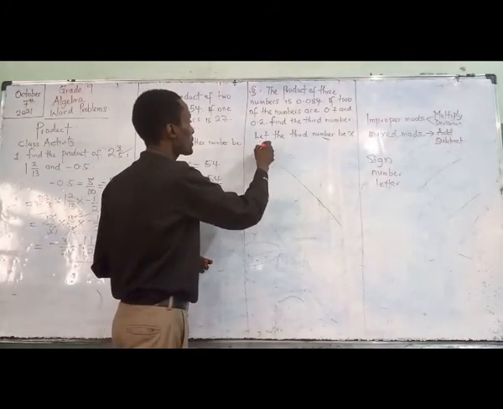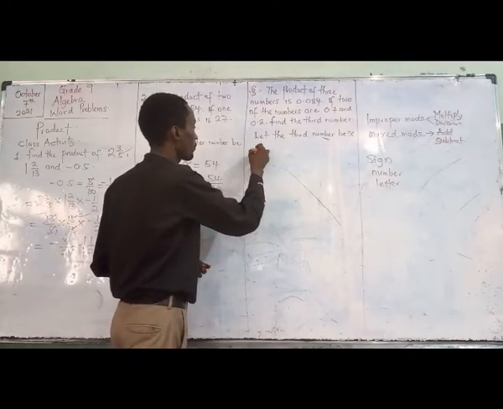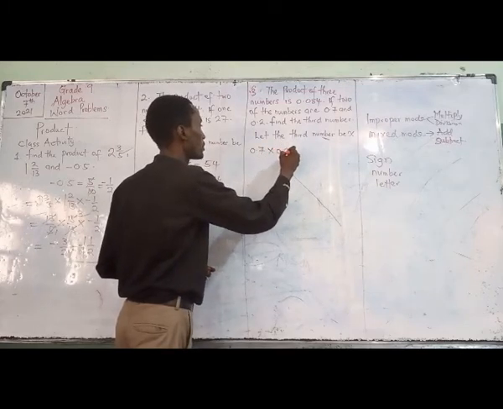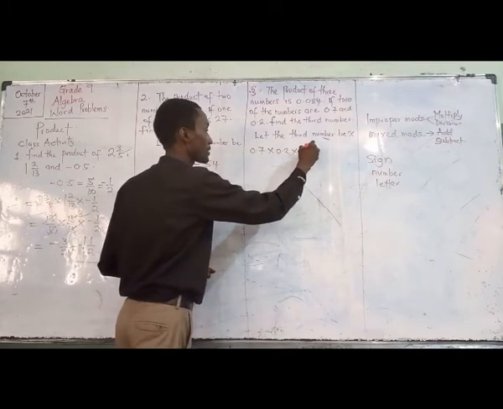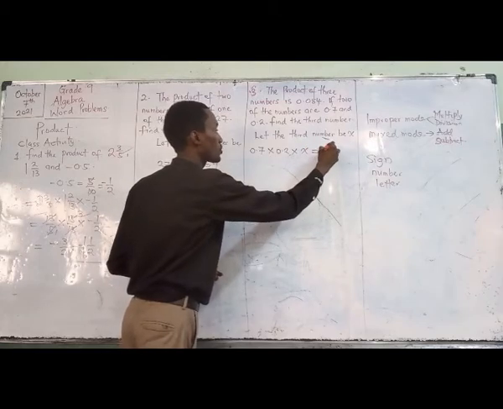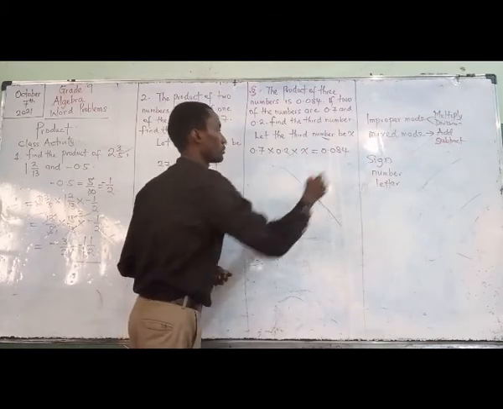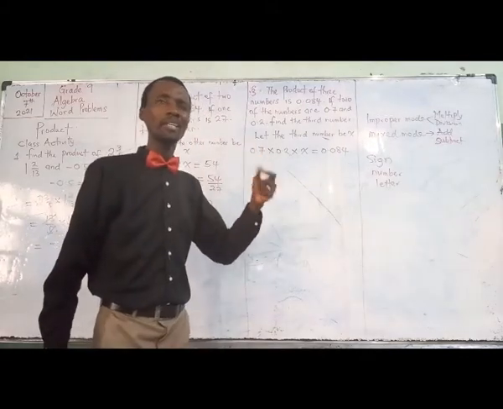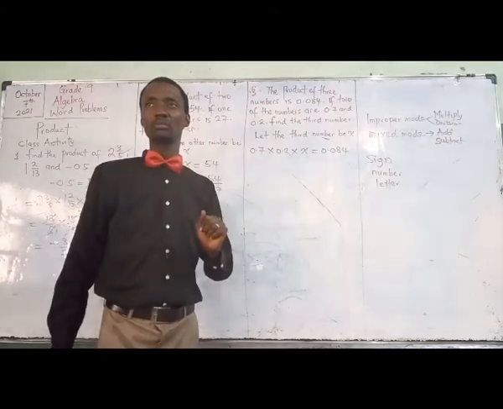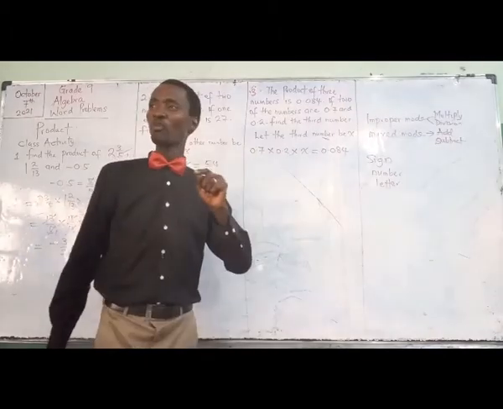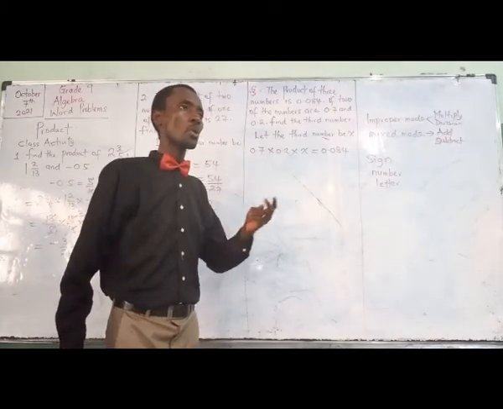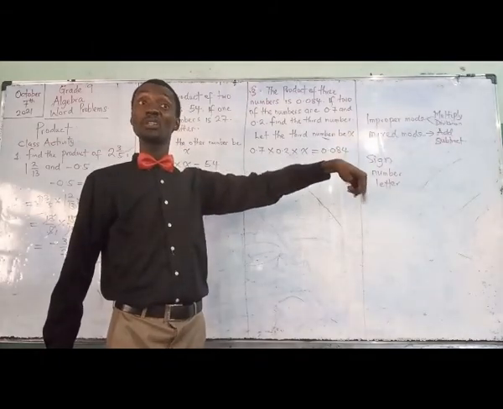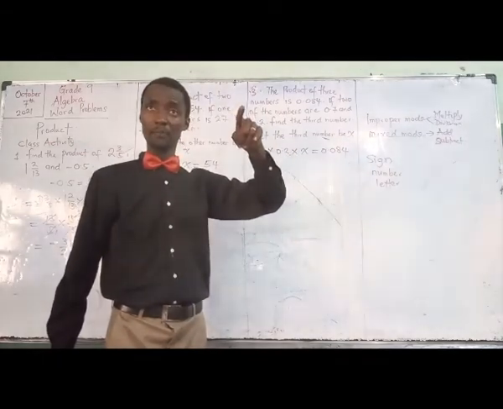Now, it means that 0.7 times 0.2 times x will be equal to 0.084. To get the third number, there must be a form of division: the final answer divided by the product of the first and the second number.